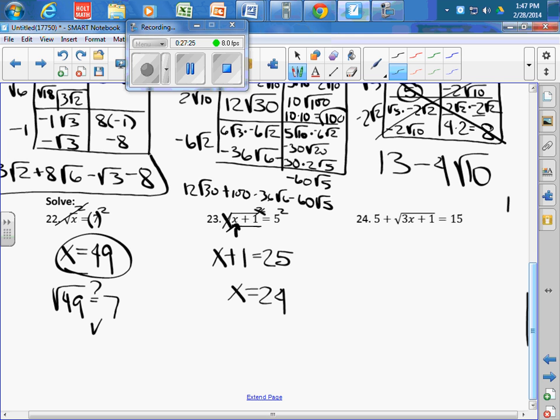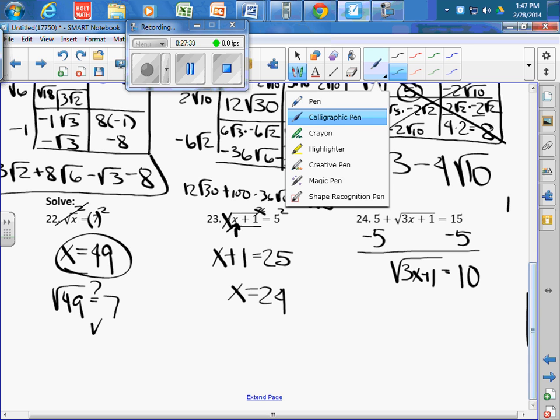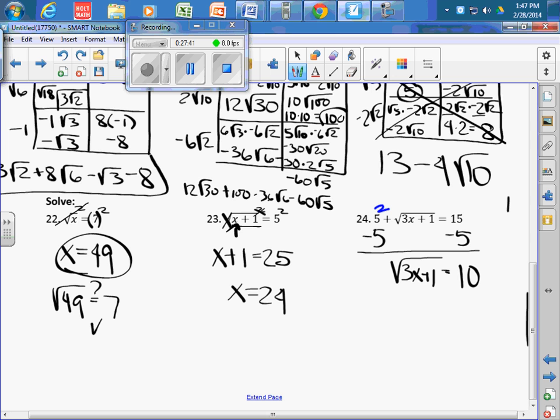In number 24, are there any numbers outside the radical that need to be taken to the other side of the equal sign? Yes, this 5. We need to subtract it from both sides. Radical 3x plus 1 is equal to 10. Whatever you do, do not do this. Do not try to square this, and square this. That will not work.